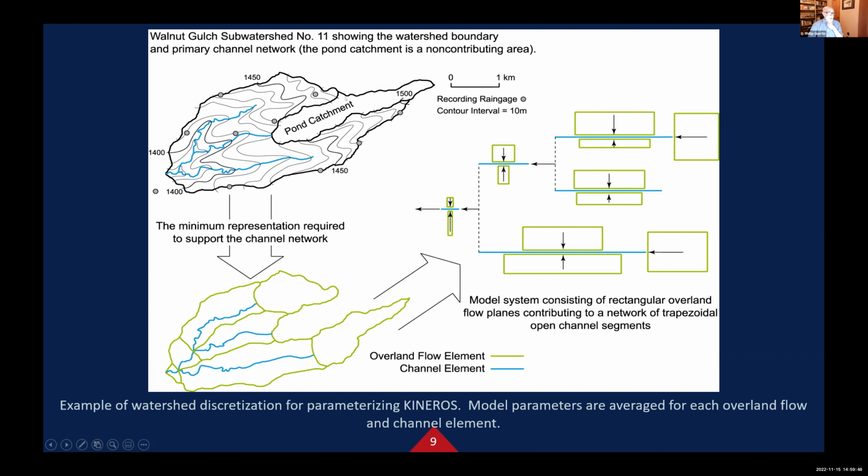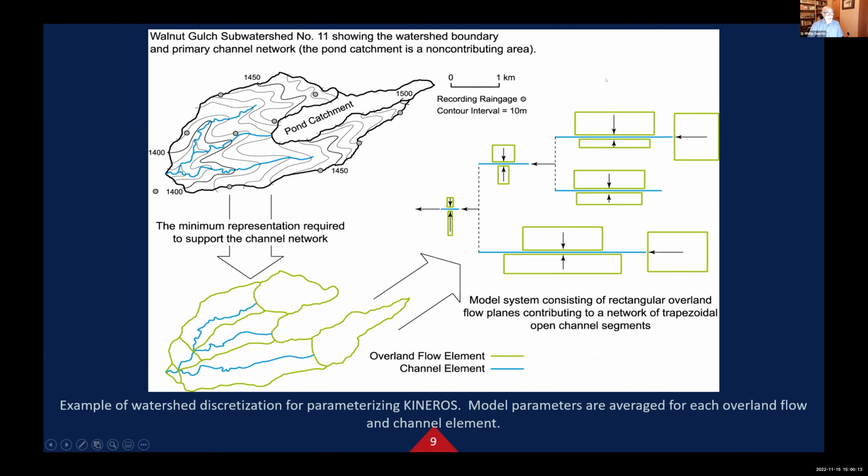We do have a catchment pond here, which we're not including in terms of delineating the watershed. We then break that watershed into different response units. Okay, these are modeling elements where we're going to model the flow of water and sediment off of a hill slope, as well as we delineate the channel network.